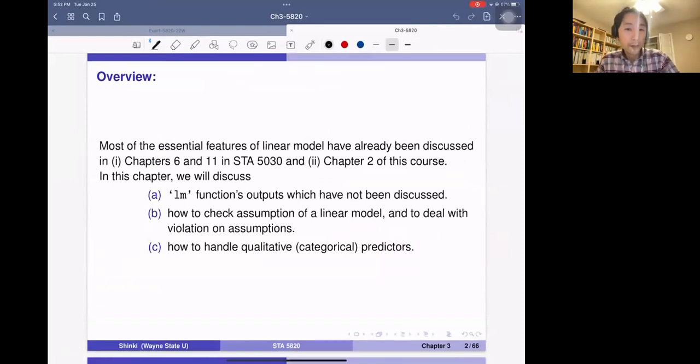Most of the essential features of linear regression have already been discussed in chapters 6 and 11 in Stat 5030. These two chapters are important to understand the materials in the lecture. If you haven't taken 5030, you can see these slides.